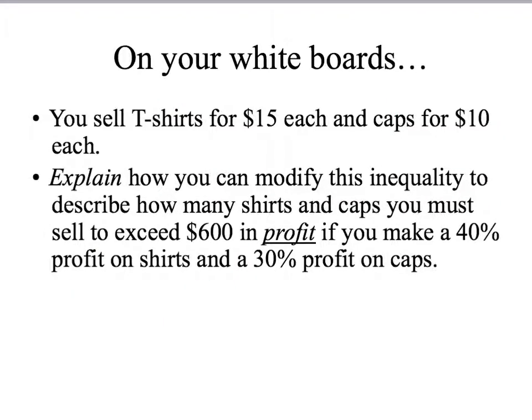Okay, now on this next problem we're doing the exact same thing. T-shirts X, caps Y. But it says to explain how you can modify this inequality to describe how many shirts and caps you must sell to exceed $600 in profit if you make 40% profit on shirts and a 30% profit on caps.